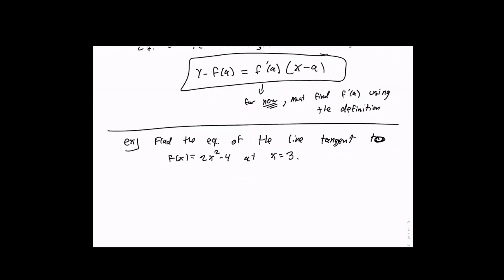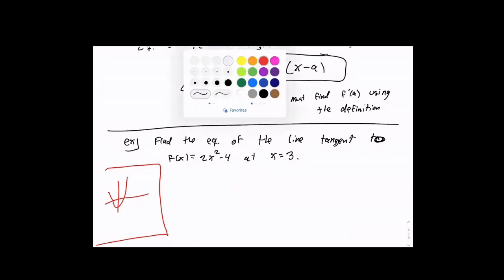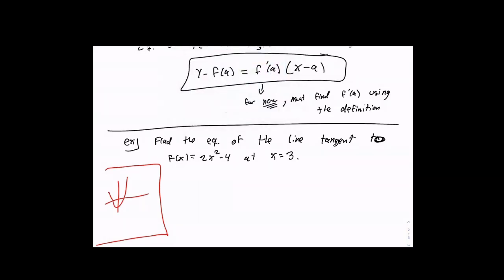Now, visually, you don't have to do this, but visually 2x squared minus 4 basically looks like this, and our tangent line at 3 is going to kind of go like that.